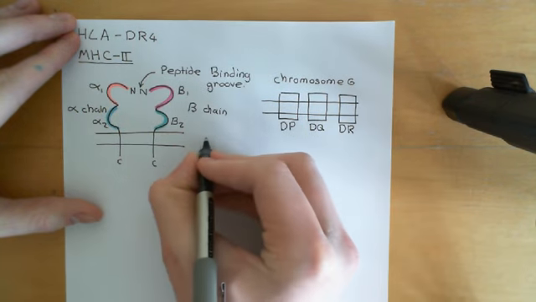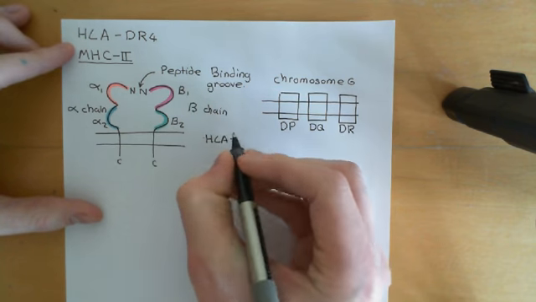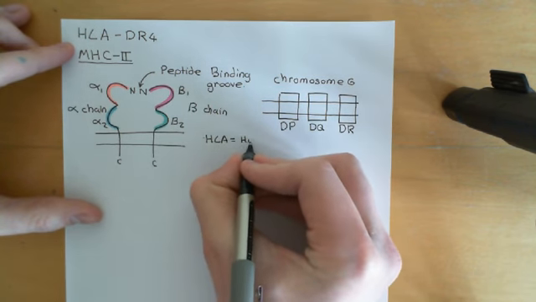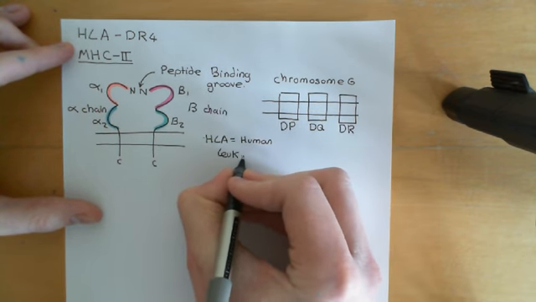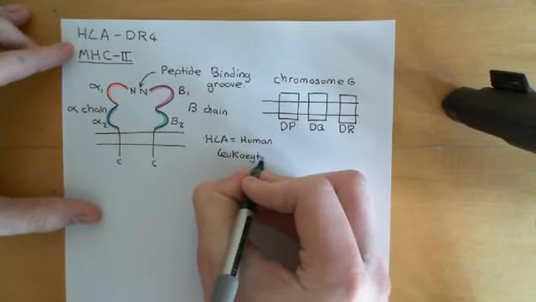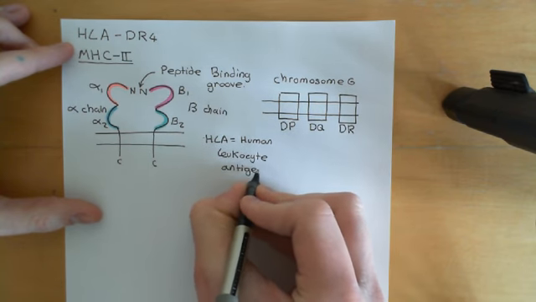So what does this mean? Well, firstly, what does HLA mean? HLA is just another way of saying MHC. Strictly speaking, it stands for human leukocyte antigen, but this again just means MHC, major histocompatibility complex.